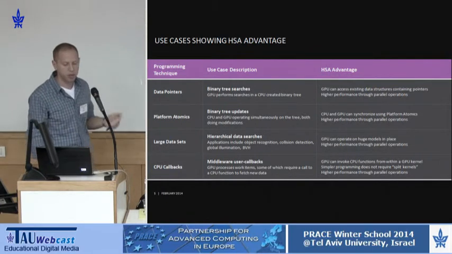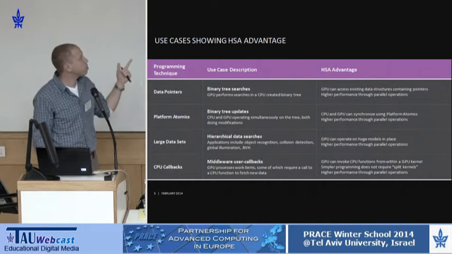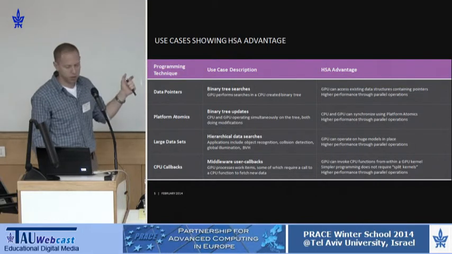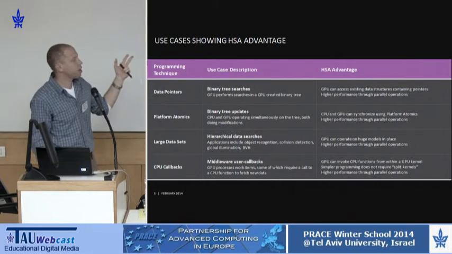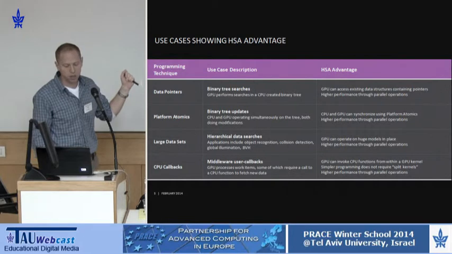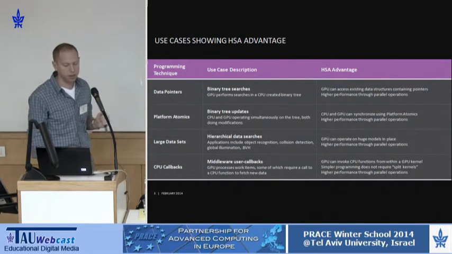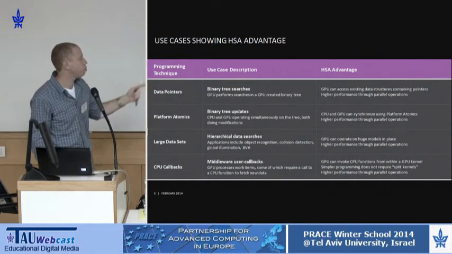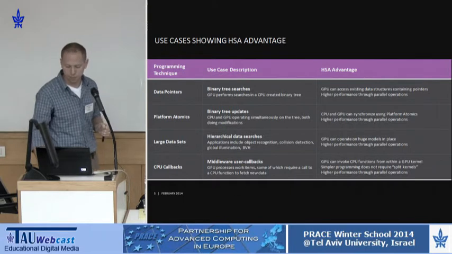We'll speak about data pointers. We'll speak about platform atomics, which I'll elaborate on in a short while. We'll speak about how to access large data sets. And we'll speak about the GPU being able to do CPU callbacks.